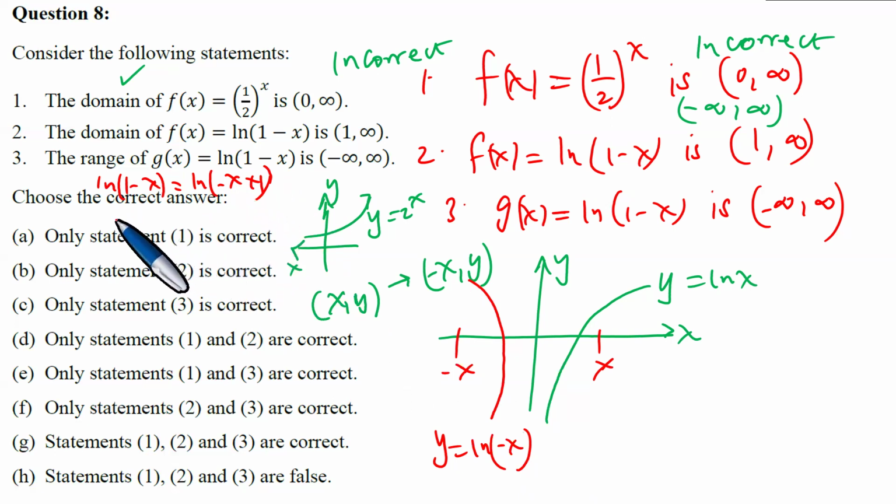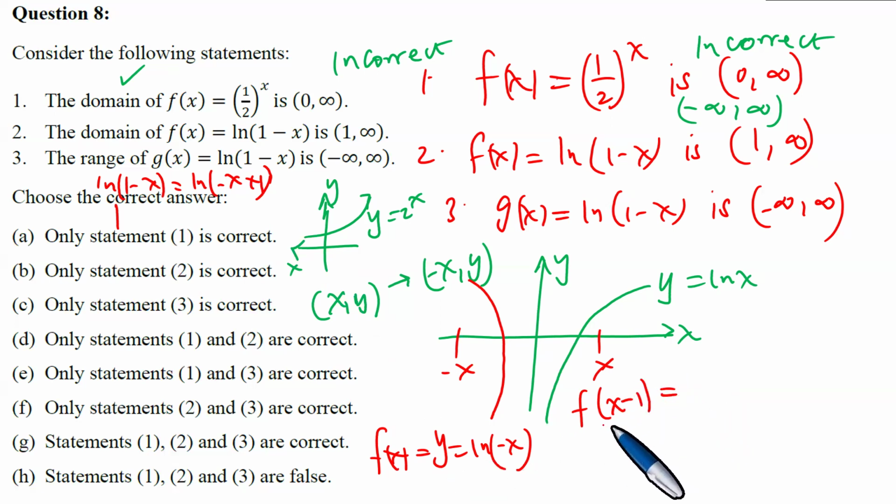But also now you need to realize that this is a very tricky question. So this is like f of x equals this. So f of x is the ln of minus x. If you want to perform the transformation here, it would have to be, for instance, x minus 1.